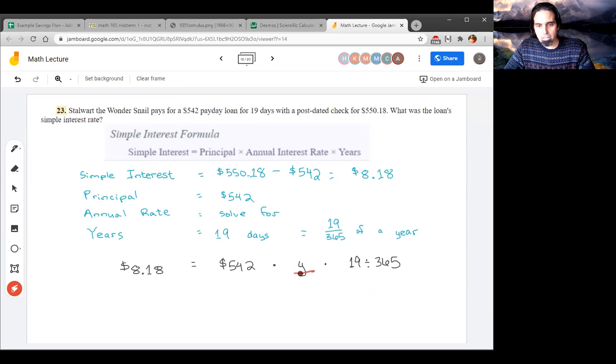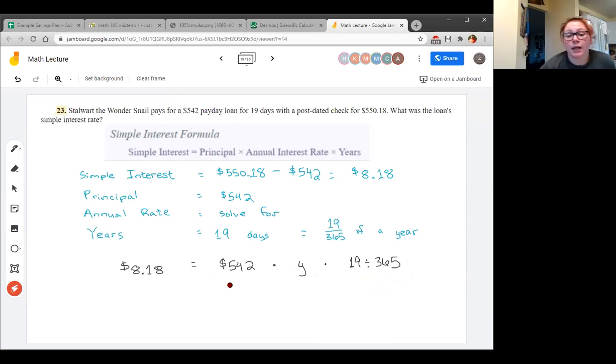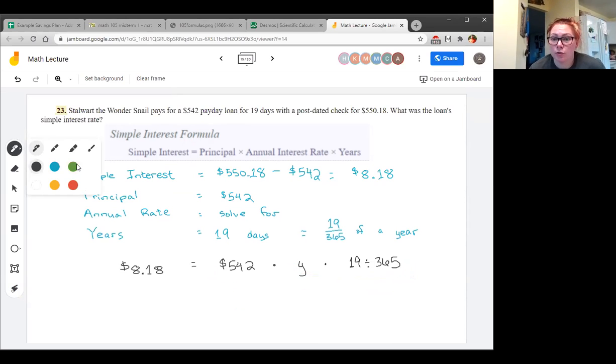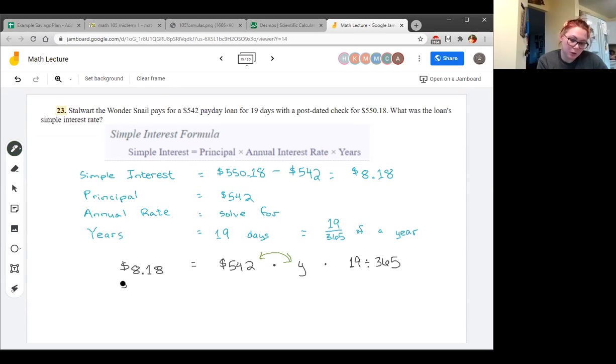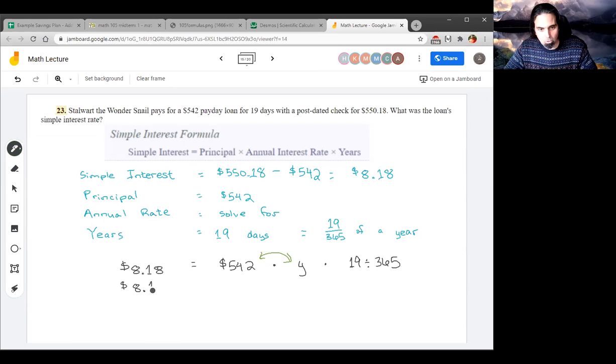I have a y in the middle of this right-hand side. What am I going to do? So that's where, or at least what I did was, I took 542 times the 19 divided by 365. That is correct. I'm going to write an extra step just in case what Ashley did confuses you. When I multiply things, I don't care what order I multiply them in.